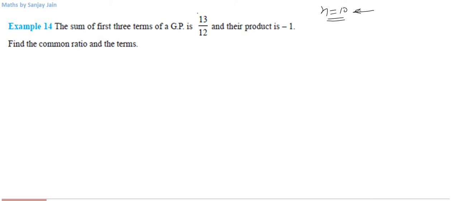If you take 7 outside, now inside the bracket, if you see, there are 1 plus 11 plus 111. If I now write them as 9 by 9, what I'm doing is I'm dividing and multiplying this with 9. So this is the second step that I need to perform. So inside the bracket, if you see, I've written them in this form: 9, 99, 999, and the next step is 7 by 9 outside.